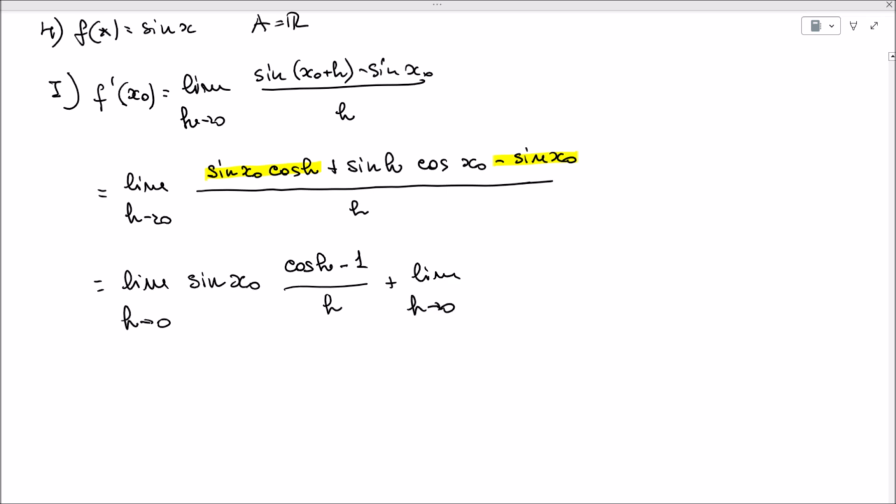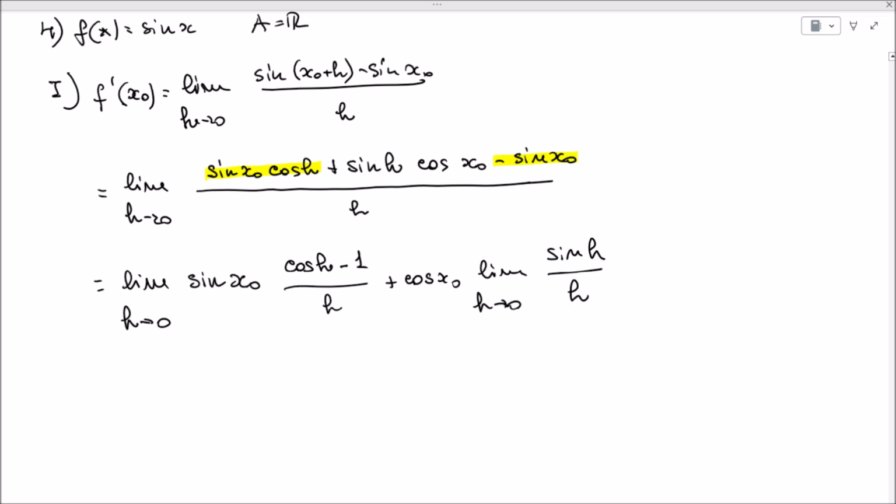Of course, now we can factor out cosine of x naught in this case, right? So we have cosine of x naught here times the limit of sine of h divided by h.